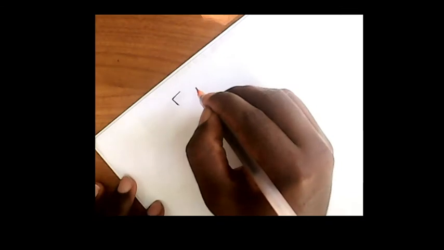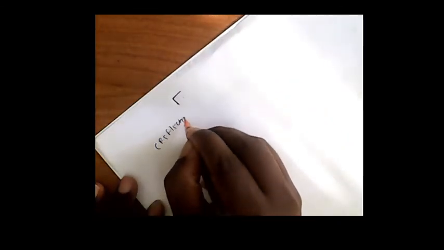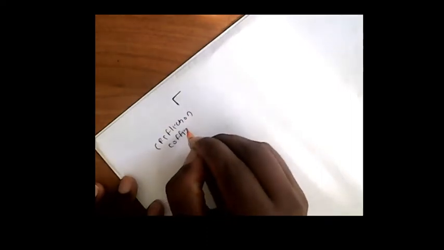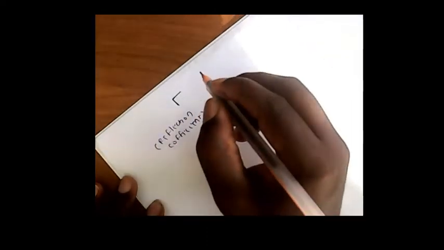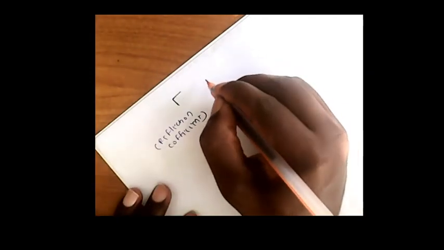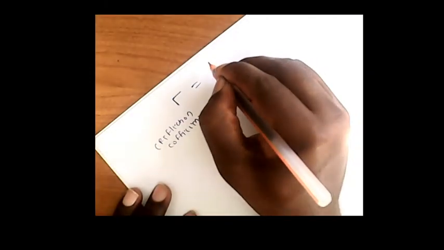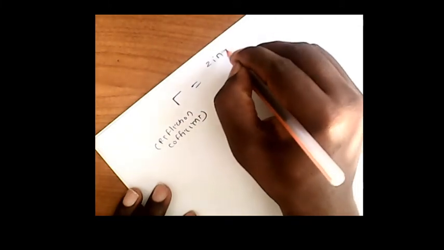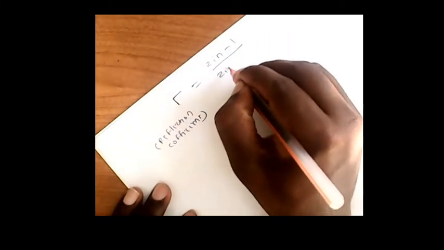Now we can write the power loss ratio. The reflection coefficient gamma for the maximally flat low pass filter is given in terms of input impedance as Zin minus 1 divided by Zin plus 1.